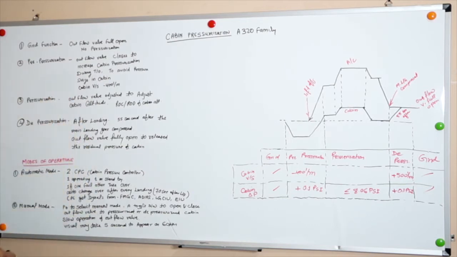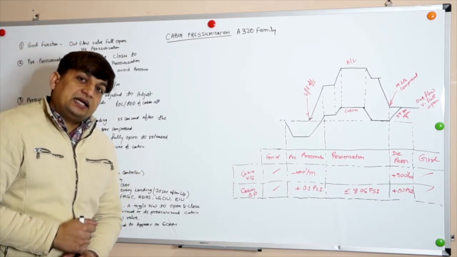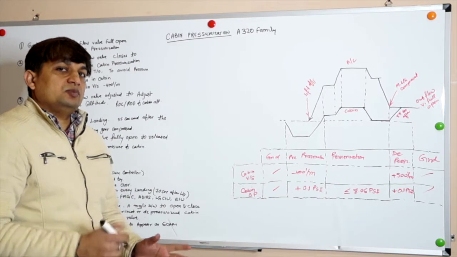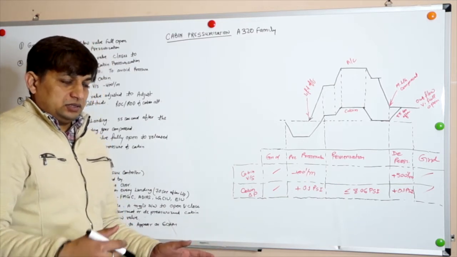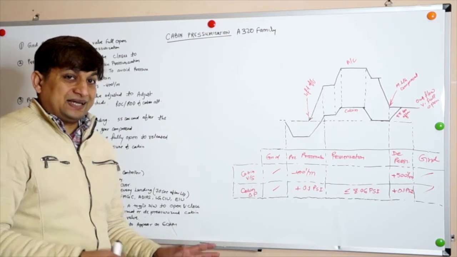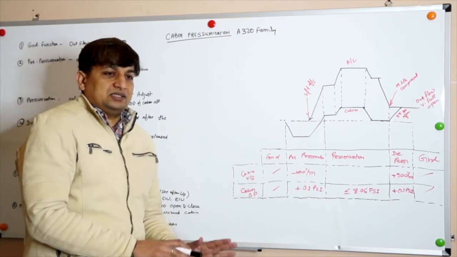What is the outflow valve? The outflow valve is a valve which regulates the pressure inside the cabin. When it is fully open, it releases all the extra pressure fed to the cabin, and it just equalizes the pressure inside and outside.